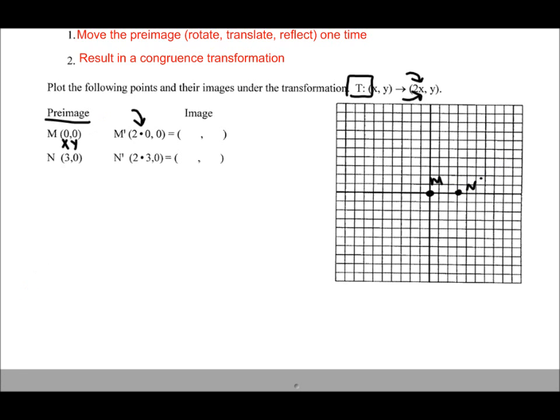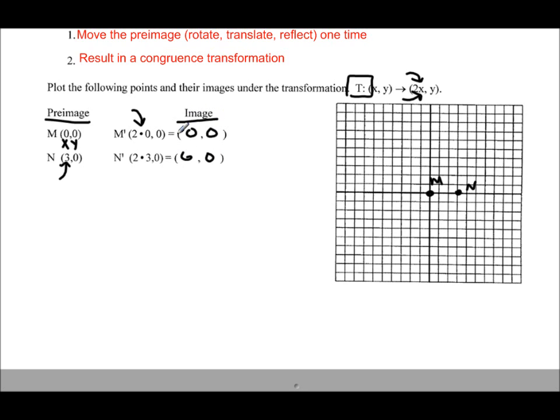Oops, we don't want that. So let's go ahead and transform it by multiplying our x value by 2, and 2 times 0 is 0, and we leave our y value alone. The next one, we multiply our x value by 2, as it says to do here, and that's 6, and we leave our y value alone.